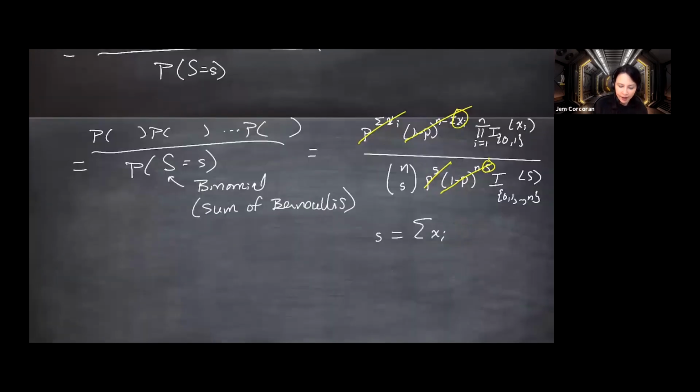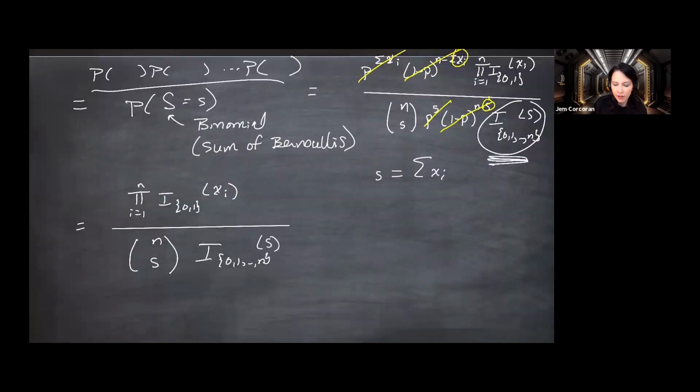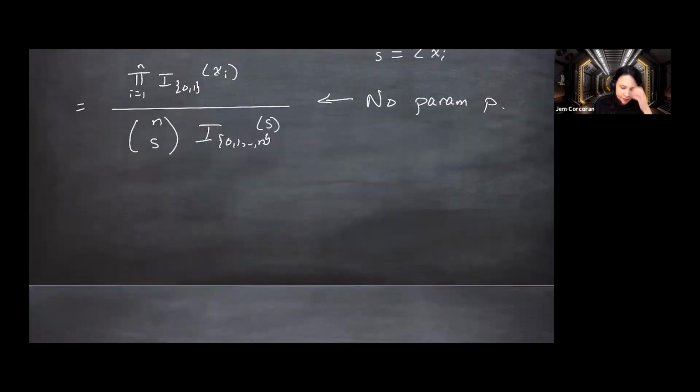So we've proven that the statistic, the sum of the x's, is sufficient for the parameter p of the Bernoulli distribution with parameter p. And probably I should do this, which I'm not really going to do.